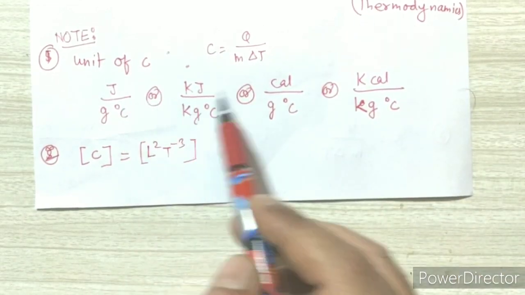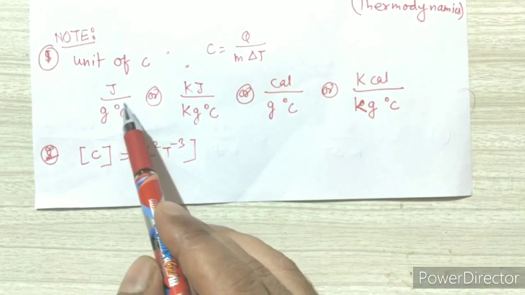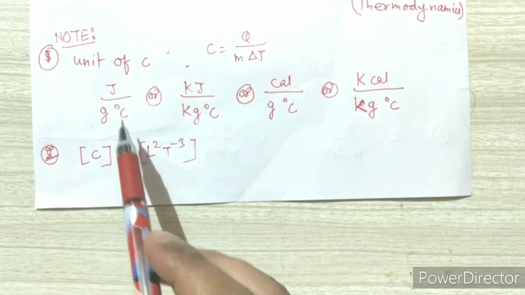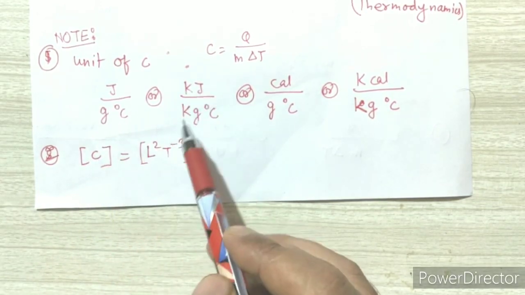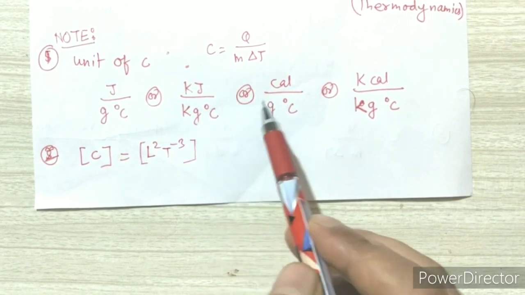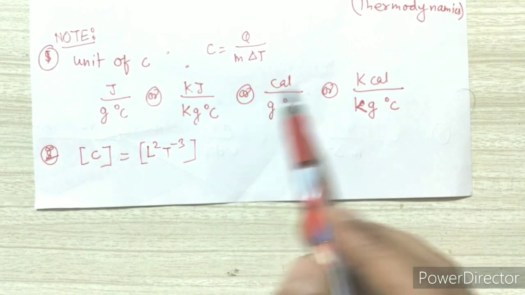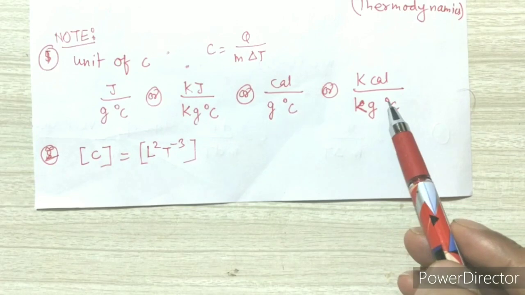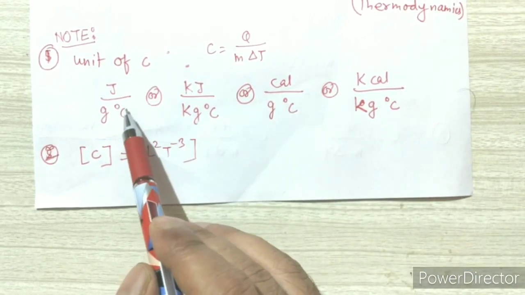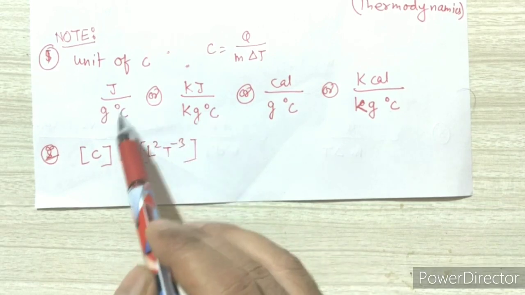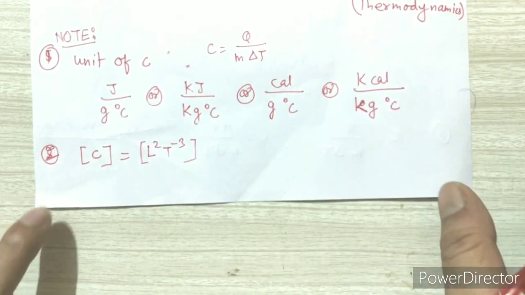So in any of the four, in place of degree Celsius, we can write Kelvin: joule per gram per Kelvin, or kilojoule per kg per Kelvin, or calorie per gram per Kelvin, or kilocalorie per kg per Kelvin. So do not get confused here.